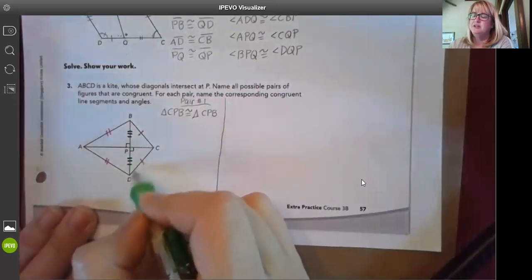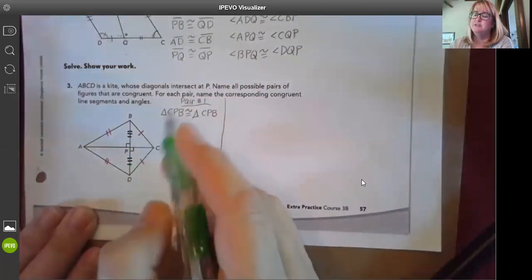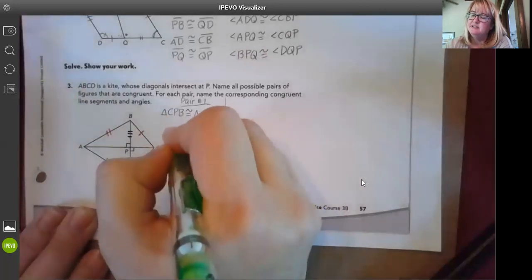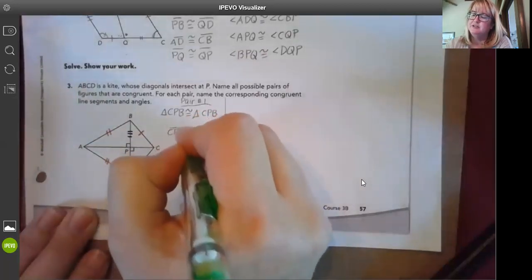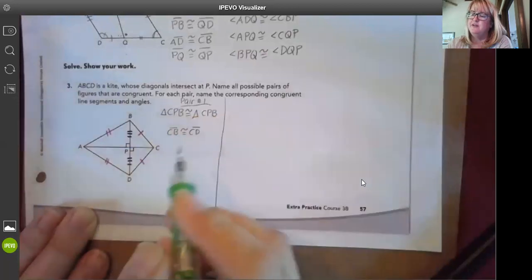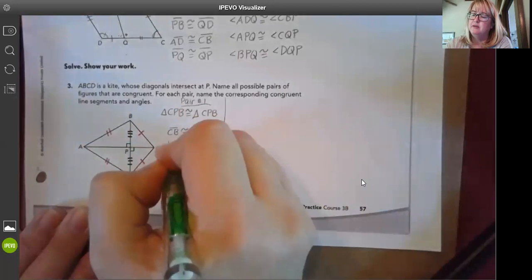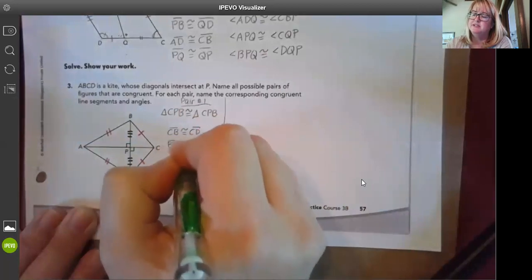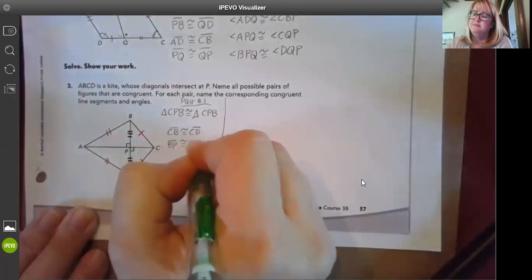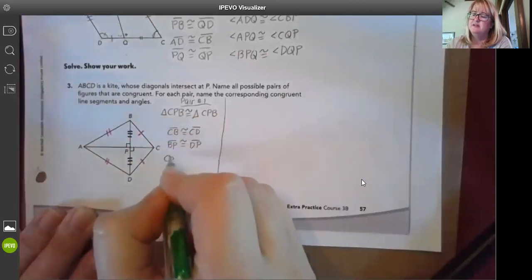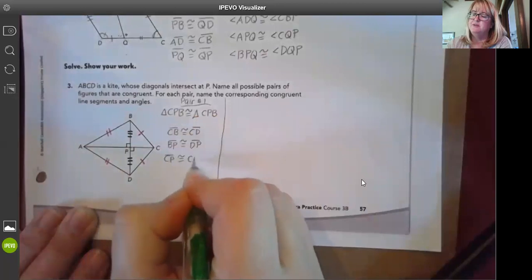So these 2 are congruent and they are corresponding. So CB and CD. CB is congruent to CD. That's one of them. BP and DP are congruent. BP is congruent to DP. And then CP is congruent to CP.